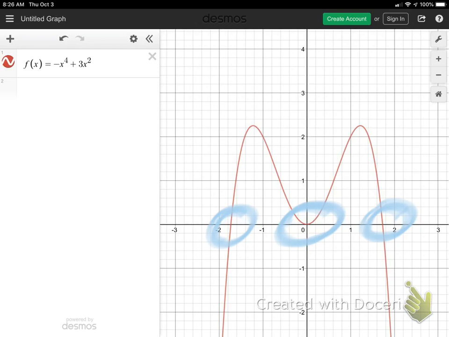What is happening close to the -2 and close to the +2? What's happening there? It crosses the x-axis. So we're crossing. What's happening at 0?